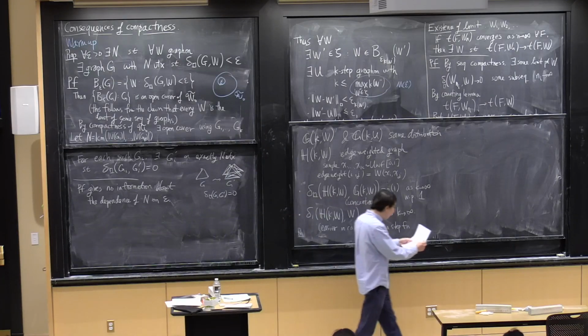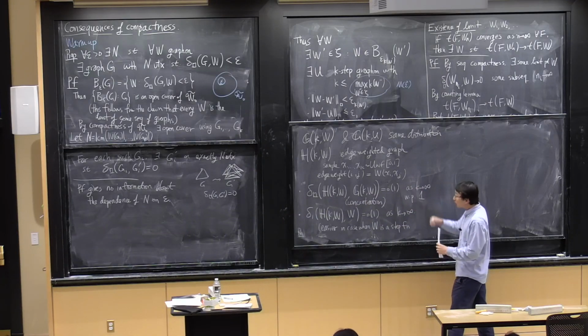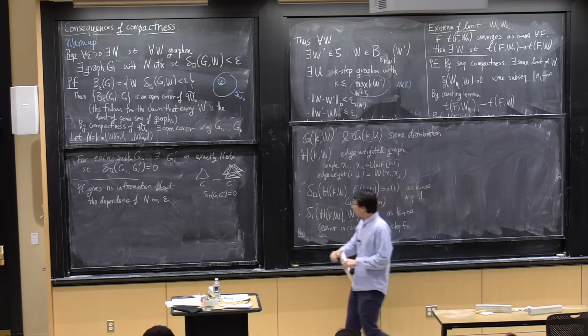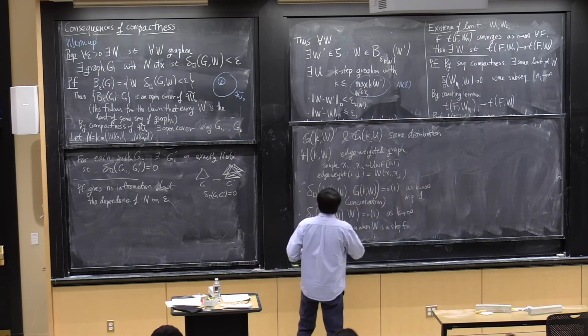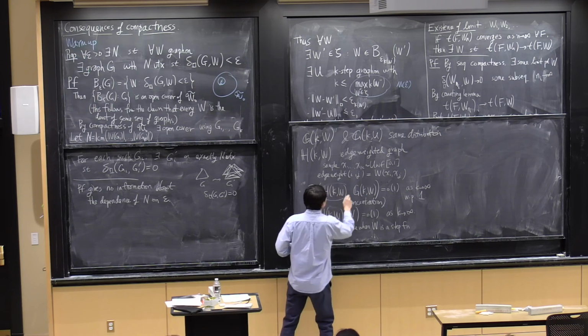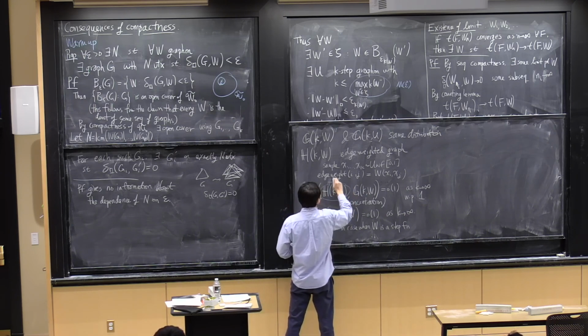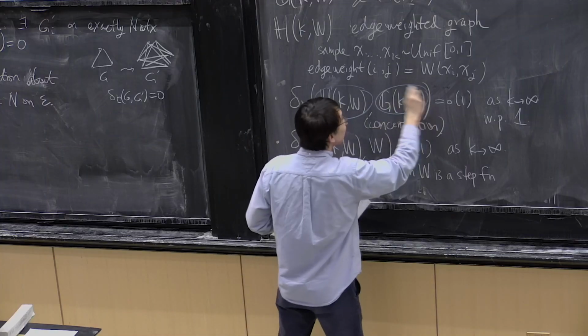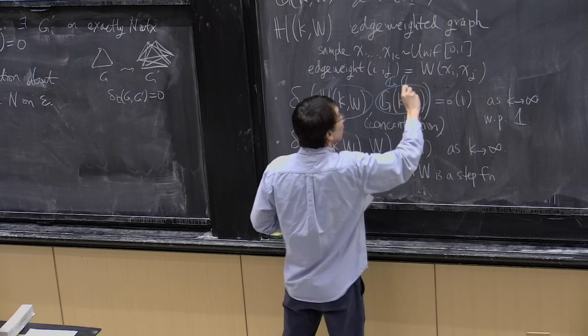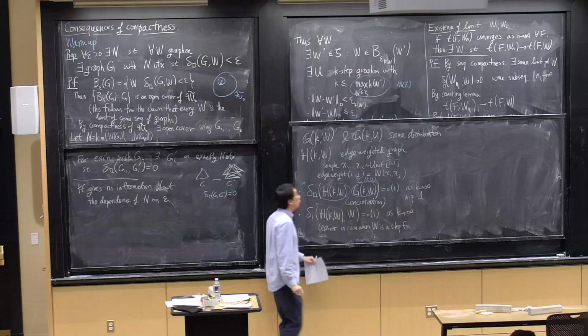Okay. So if you have these two claims, then we see that this one here is identically distributed as Ku.